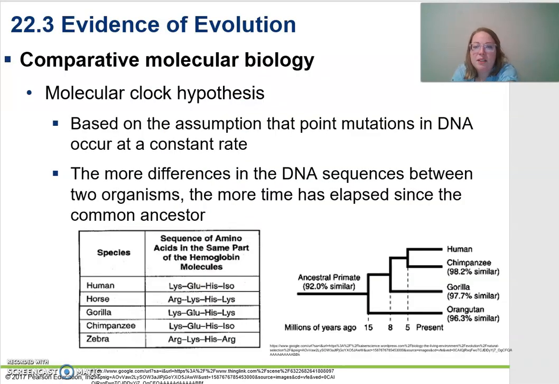So now comparative molecular biology. This is an area that we're learning so much more in, reshaping our phylogenetic trees as we get information, especially about DNA. So there's this molecular clock hypothesis where basically if you have a long strand of DNA, if you see a specific change in the sequence, and then you see different species with that same change, they're more closely related to ones that don't have that change.